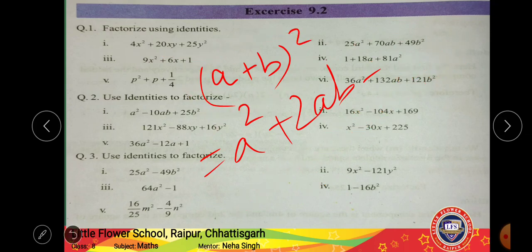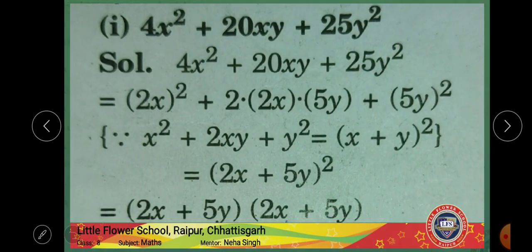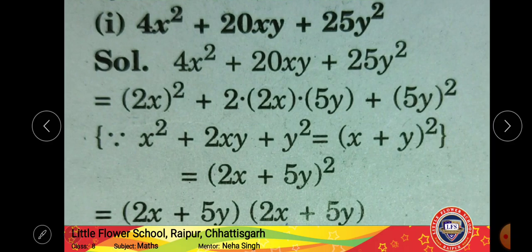Okay, so now coming on to the question. First question is 4x square plus 20xy plus 25y square. So when I am seeing this 4x square, this 4 is the square of 2, right? Then this 20, I am leaving it for now.